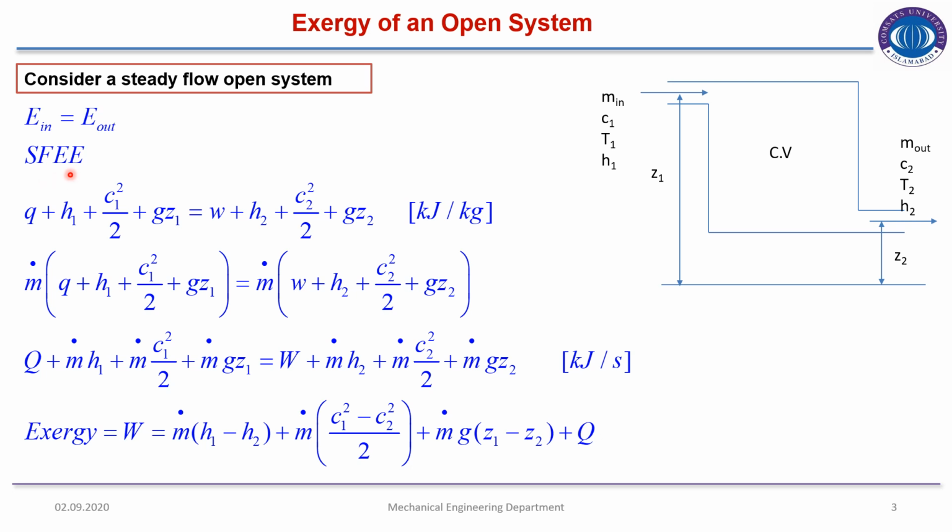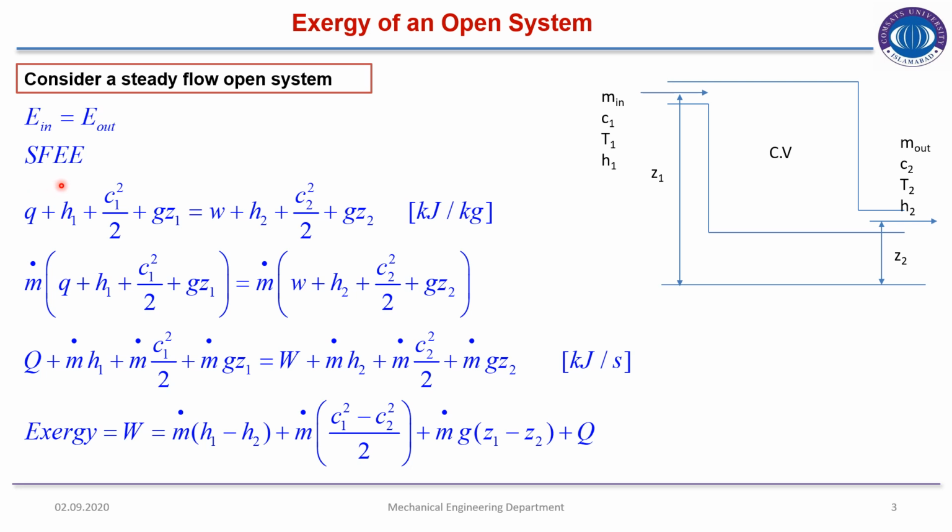So Q plus H1 plus C1 square by 2 plus gZ1 is equal to W plus H2 plus C2 square by 2 plus gZ2. We have already derived that relation in the previous lectures as well. If you forget, you can go back and revise that derivation.